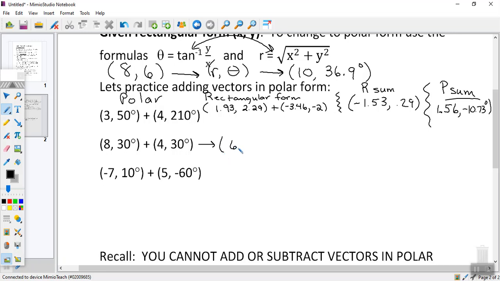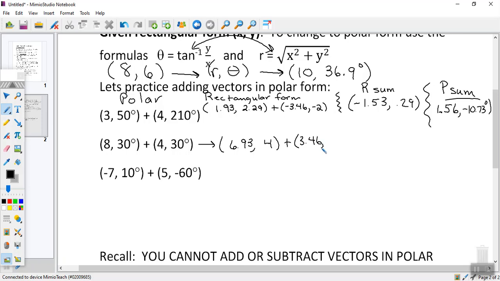6.93, comma 4. And that's going to get added to, what's 4, 30 going to be? 3.46, comma 2 for the next one.